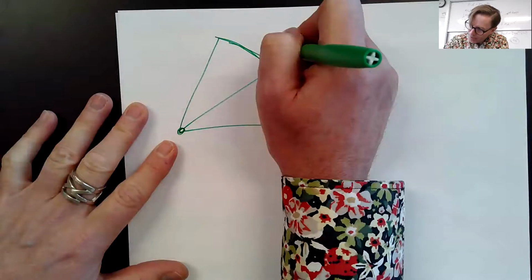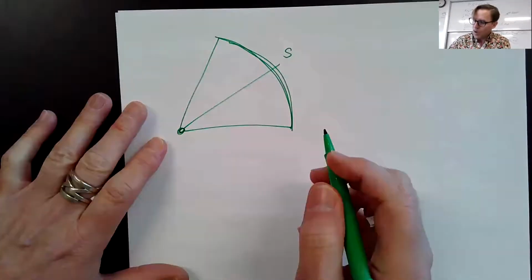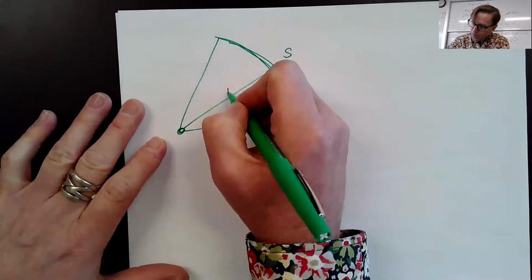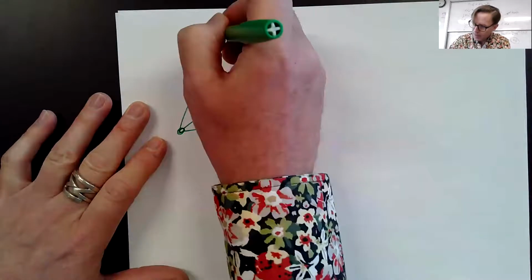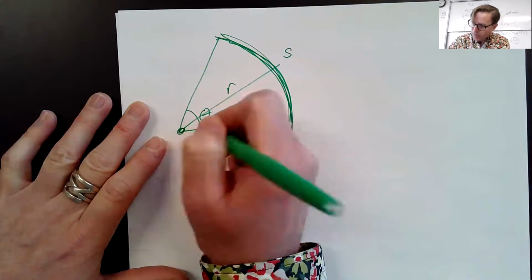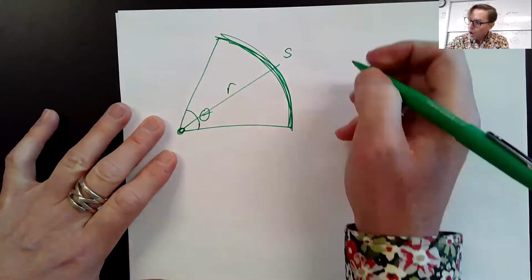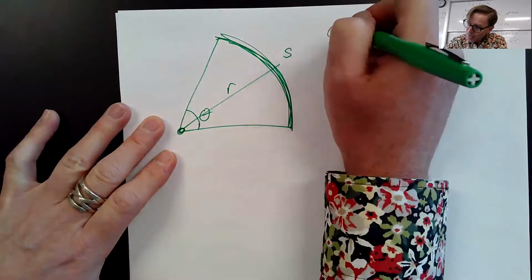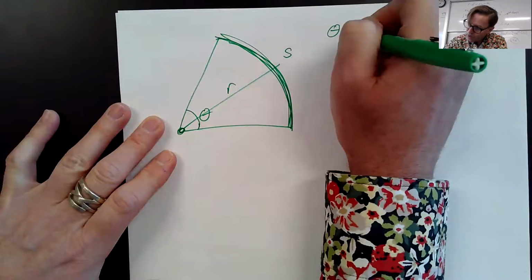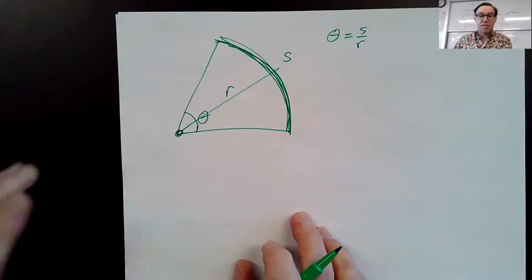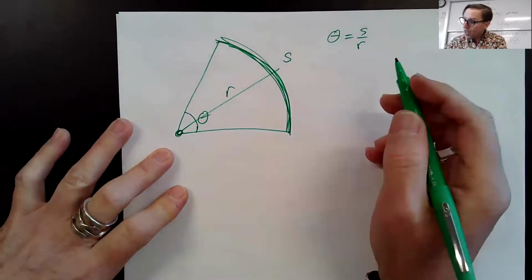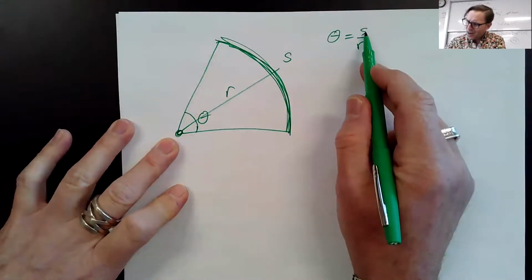So arc length S over radius R, this is the arc length, then this is my angle theta. So remember, theta equals S over R. I'm hoping you remember that from math class. If you do remember that from math class, then you can get S, arc length.